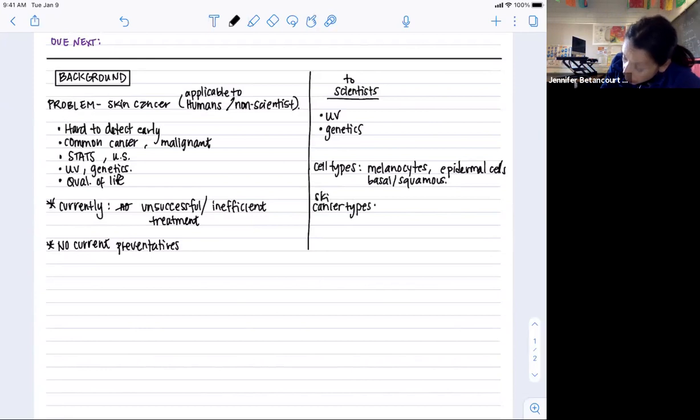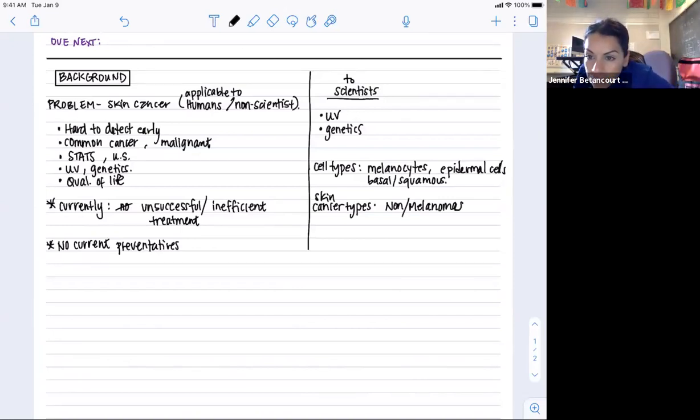skin cancer types. I'm seeing stuff like squamous cell carcinoma. Do I see that or am I just making that up? I thought I saw it. Okay, so we have melanomas and non-melanomas.